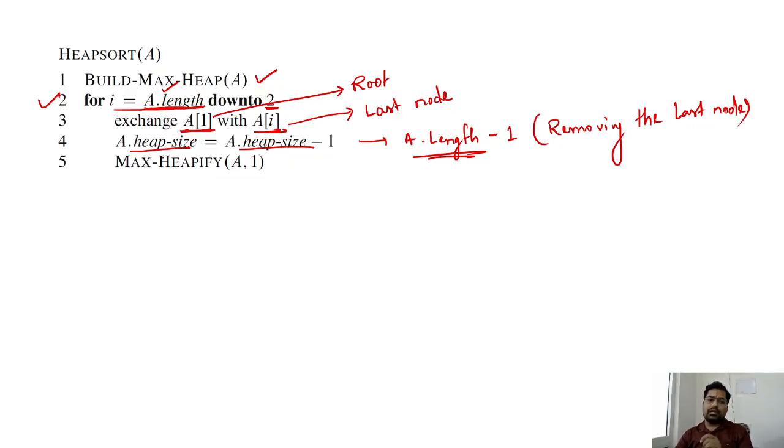Array length minus 1 is the heap size that we previously declared. Here the small code is written in the book. Some points are written somewhere, but we have to find it. Heap size is equivalent to the array length. Somewhere it is written before heap sort: heap size equal to array length. So I discussed it here now.